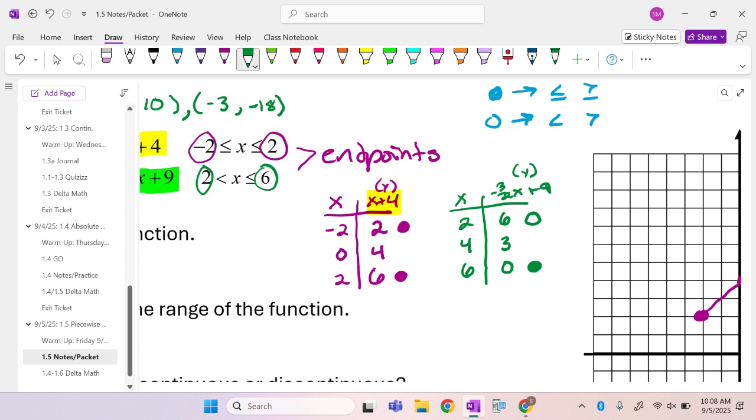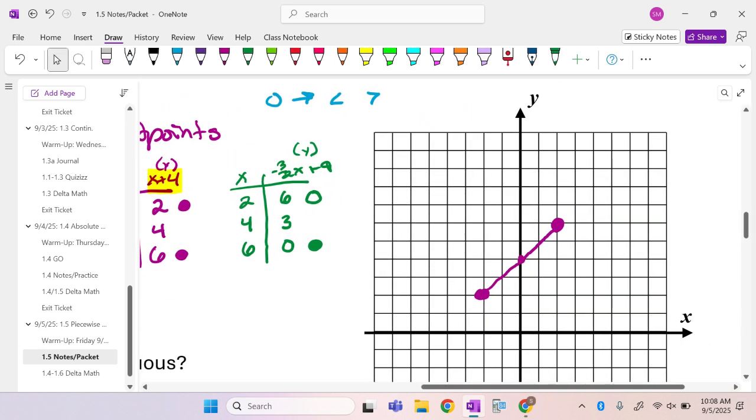So I'm going to take that and graph it over here. Now, notice how (2, 6) happens with both of our functions. So I'm just going to draw that open circle over it right now. I'll show you what to do with that in a minute. Then I'm going to do (4, 3), and then (6, 0). And that's going to be a bigger one because it's a closed circle.